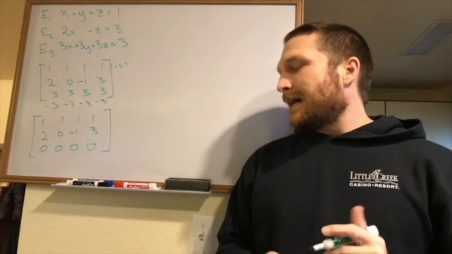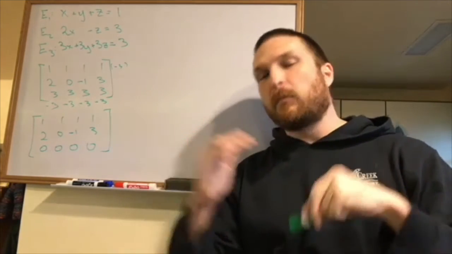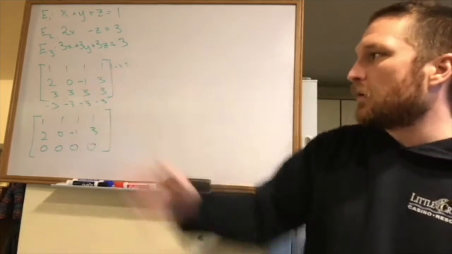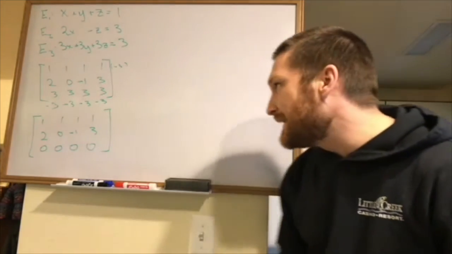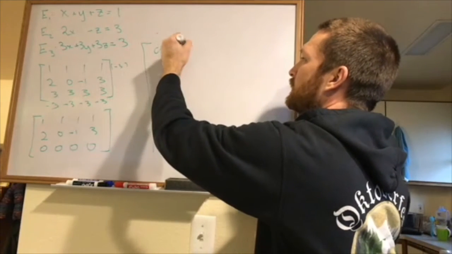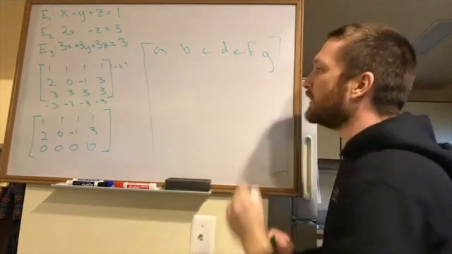So it's not just that one equation is a multiple of another. While that will always give you a row of zeros, and that's kind of easy to see, you could imagine any arbitrarily large matrix with a bunch of variables.